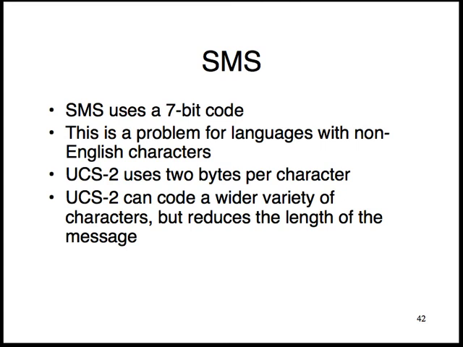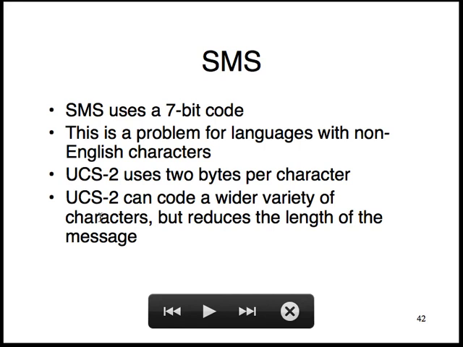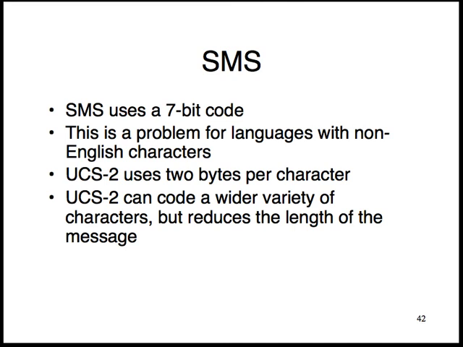But when you cross borders, it can get a bit messy. So if you send a French message to a Spanish network, things can go a bit screwy. Which is why, for non-English characters, it switches to a thing called UCS2. The details of which aren't important, but that uses 2 bytes per character.